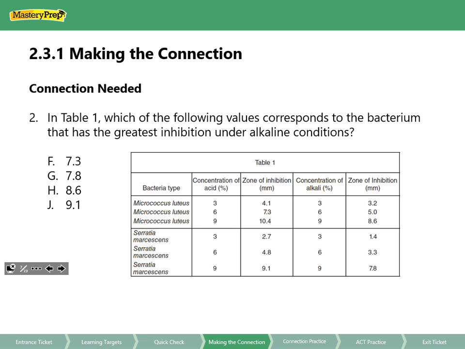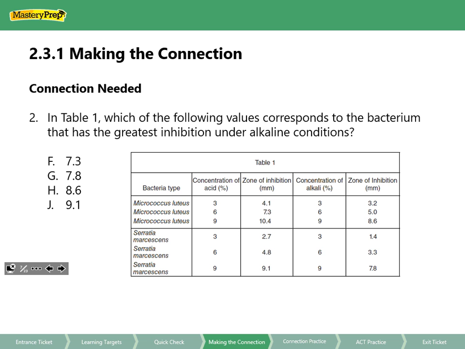So what are we looking at? Which of the following tables corresponds to the bacterium that has the greatest inhibition under alkaline conditions? Well, concentration of acid, concentration of alkaline.